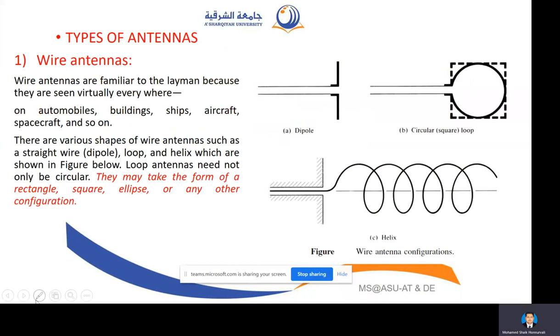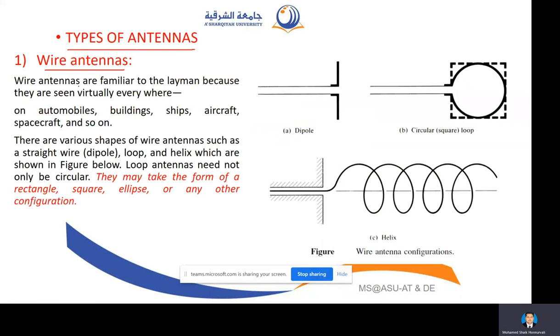So today we will continue with the types of antennas available. Actually, there are a lot of types of antennas, but we can group them into 6 categories. In this course, we have grouped them into 6 categories. We will study one by one. Okay. So first one, wire antennas.